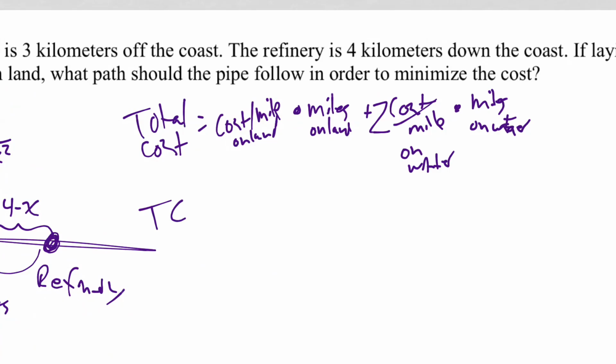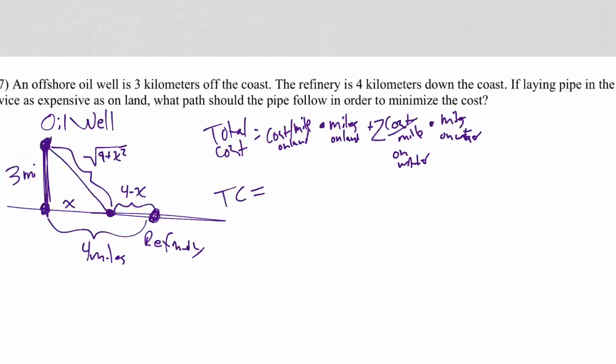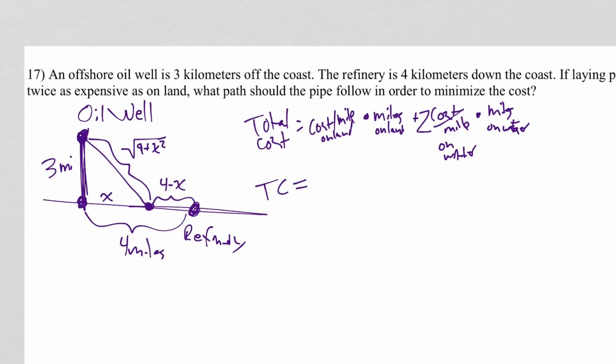So our total cost will equal the miles on land, which is just 4 minus x, plus 2 times the miles on water, which is the square root of 9 plus x squared.